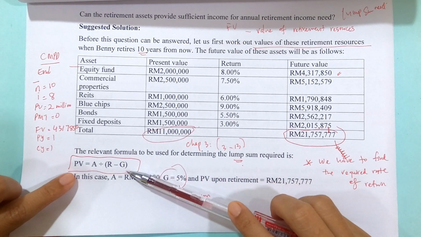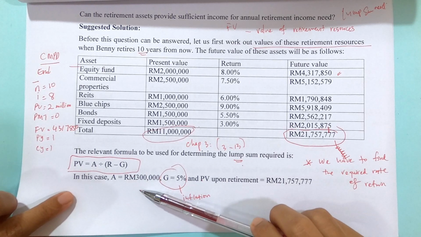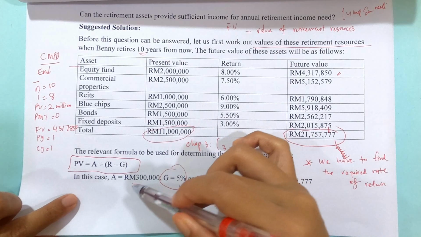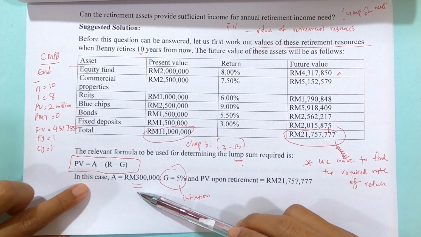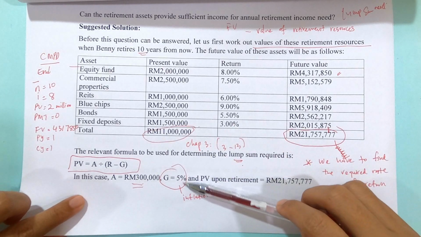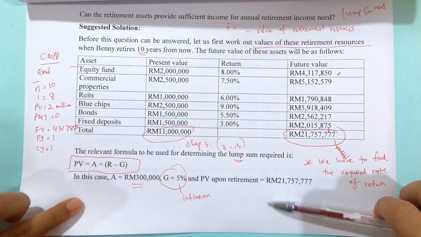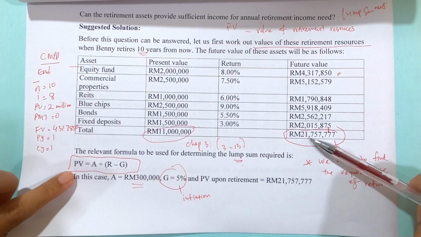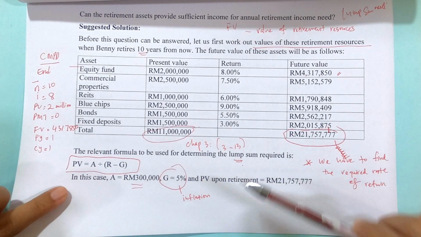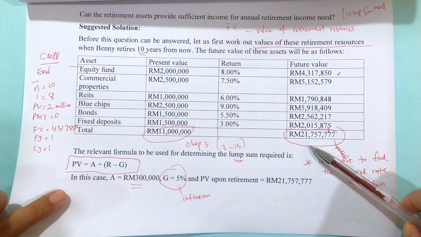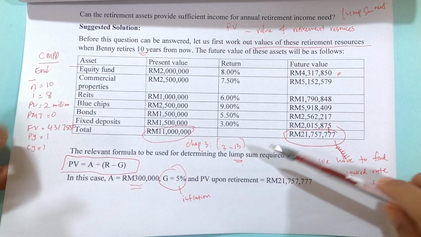PV equals A divided by R minus G, where we know that A, the first year retirement income, is 300,000. G, which refers to inflation, is 5%, and the PV upon retirement is 21 million. This is the PV on the first day of retirement. So this is the formula for us to calculate the lump sum need.